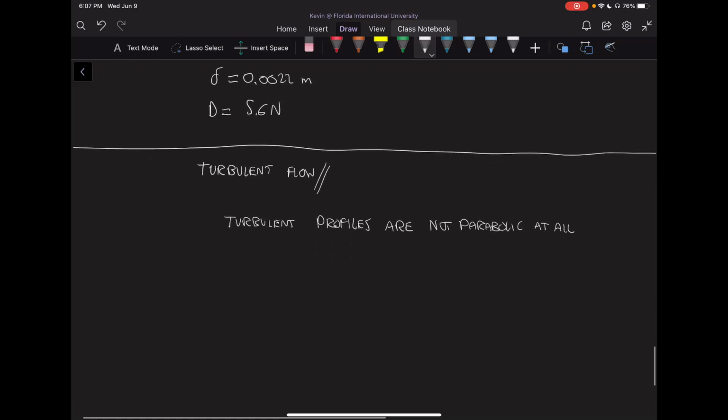And what we mean by that is that our flow against the plate does not look like a perfect parabolic shape. Okay, we actually have some very big fluctuations in what happens in our flow.